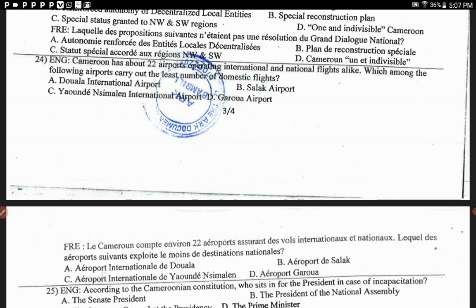So you see that Douala and Nsimalen are the main country's international airports with many domestic connections. Now, when you go down the scale, you will meet Garoua, which is also busier than Salak. So the answer will be B, Salak Airport.